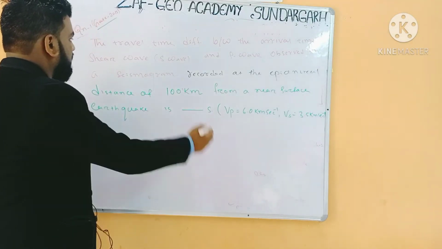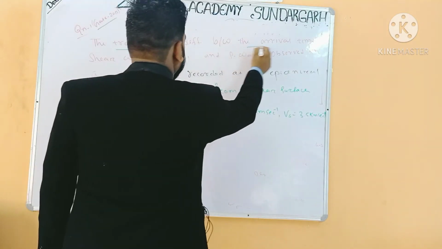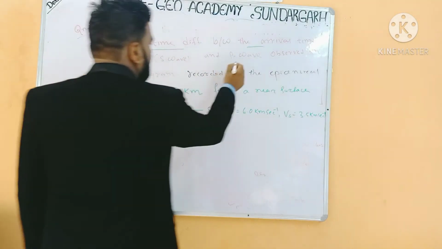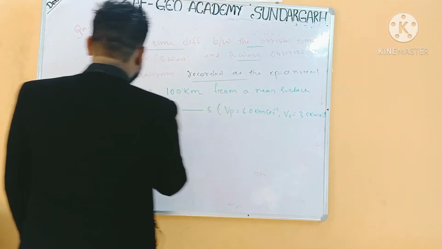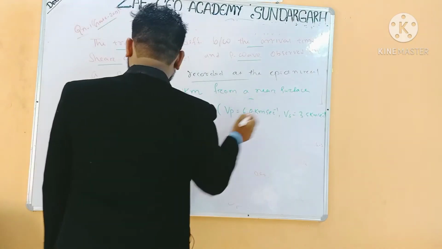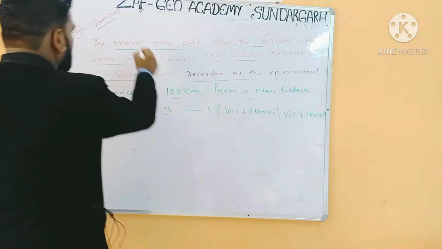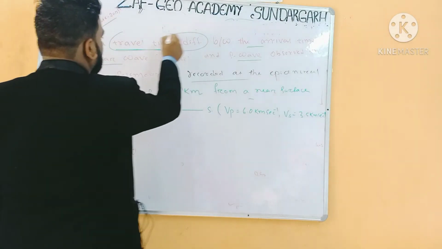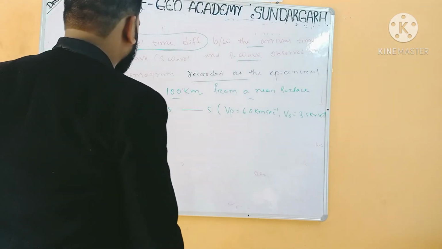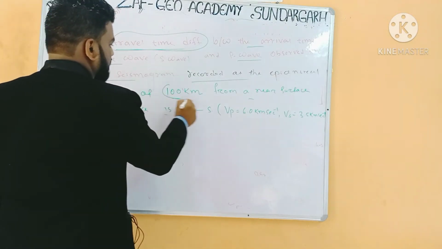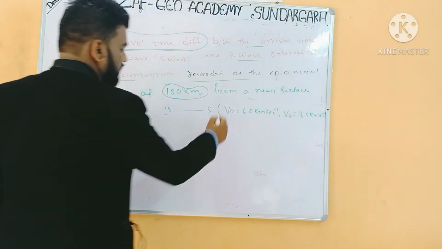I am solving this. The question is: the travel time difference between the arrival time of the shear wave and P wave observed on a seismogram recorded at an epicentral distance of 100 km from a near source earthquake is dash seconds. So he is asking about the travel time difference between the S wave and P wave. What data has he given? He has given the distance and is asking for the time, and the velocities are given.